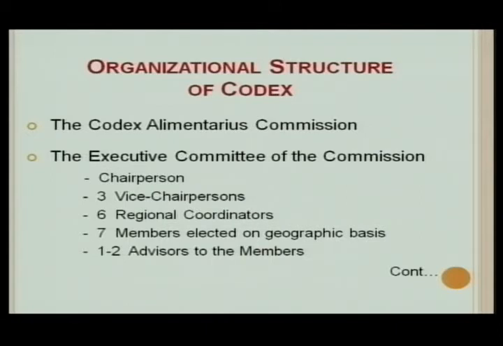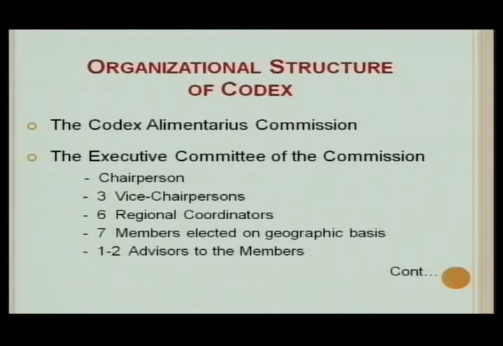Then there are 7 members elected on a geographic basis. Why 7? First of all, 6 for the 6 regions, but North America and Southwest Pacific, because they are geographically poles apart, have been divided into 2 parts, and therefore there are 2 members for this region. And then there can be advisors to the members, but who are not members of the executive committee.